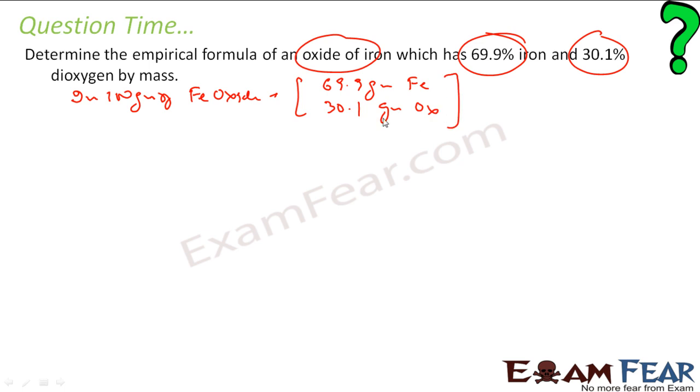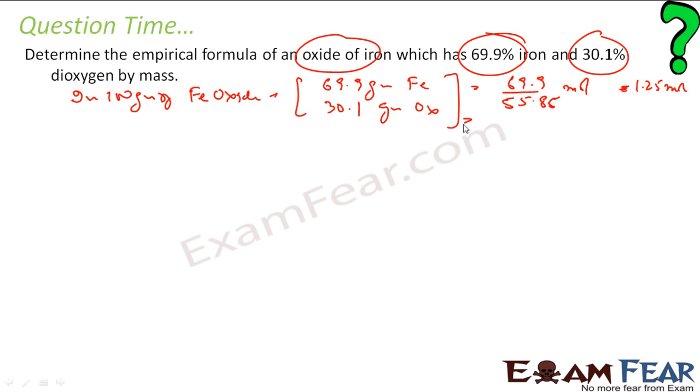Right? This is given. Now let's convert these into moles. So 69.9 grams of iron is nothing but 69.9 divided by 55.85, I think, is the molecular mass of iron. This becomes this many moles. Correct? That is nothing but 1.25 moles.